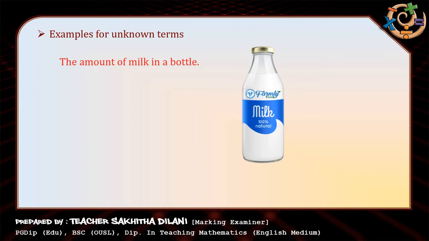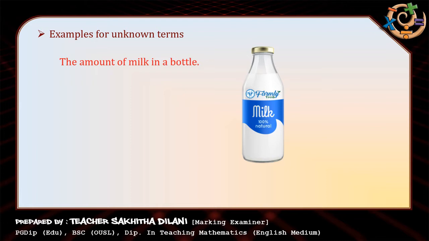But it is a constant value. Therefore, it cannot be expressed using a number. It is a constant value which is not known. Hence, they are called unknown terms.